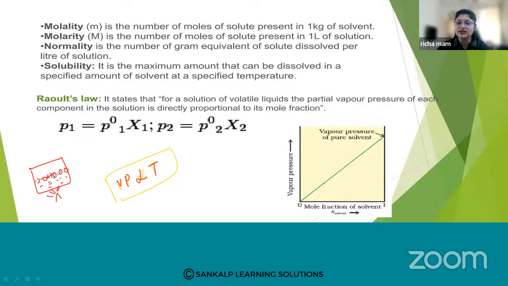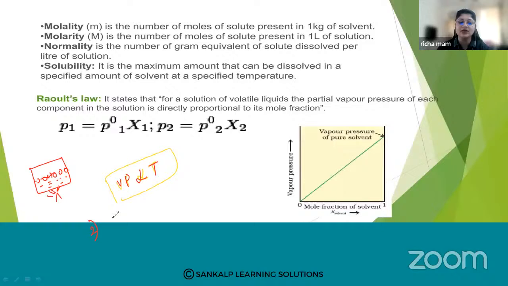As there is a rise in temperature, these molecules gain kinetic energy and move faster. Due to this random motion, there will be an increase in vapor pressure. So this is about temperature.